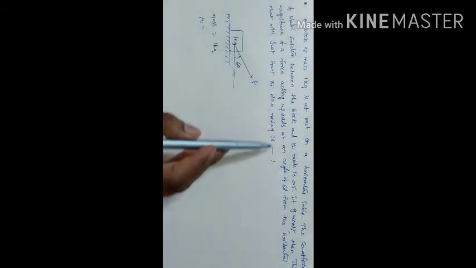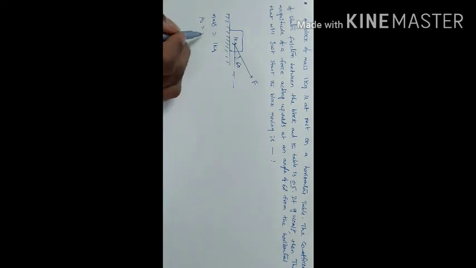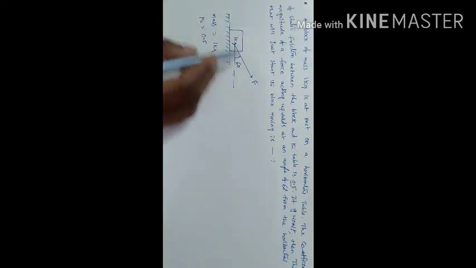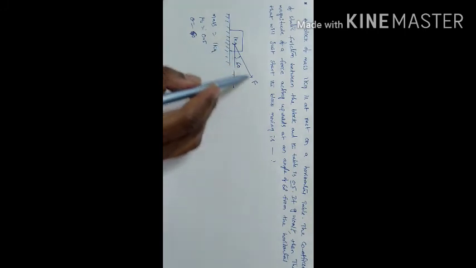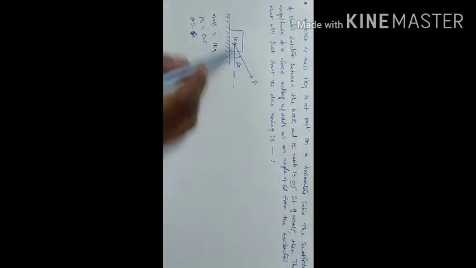They gave the coefficient of static friction between these two, so mass equals 1 kg and coefficient of static friction equals 0.5. The angle theta is 60 degrees. Okay, how much minimum force is required to move the object?